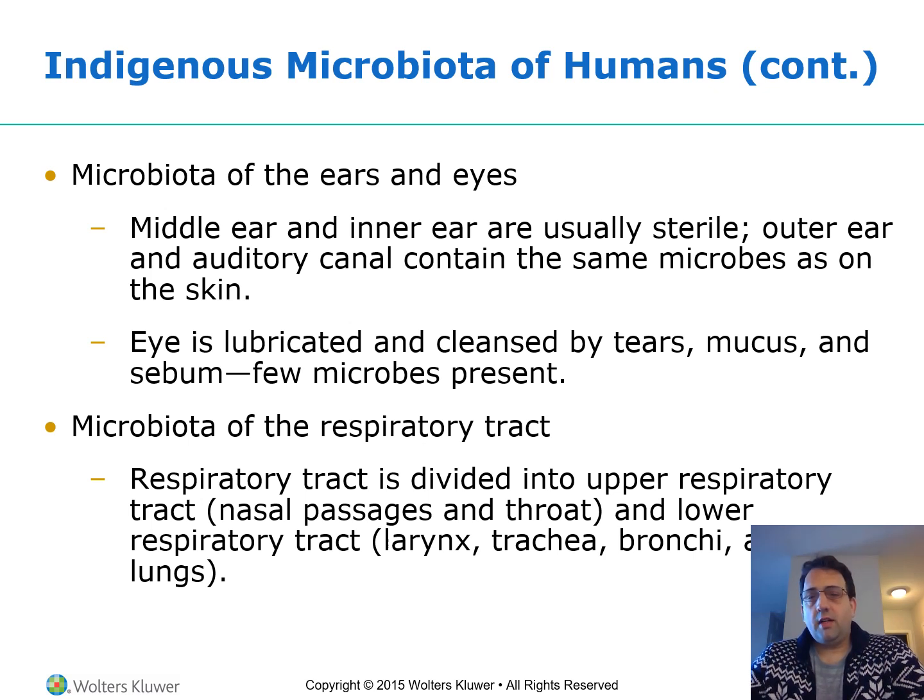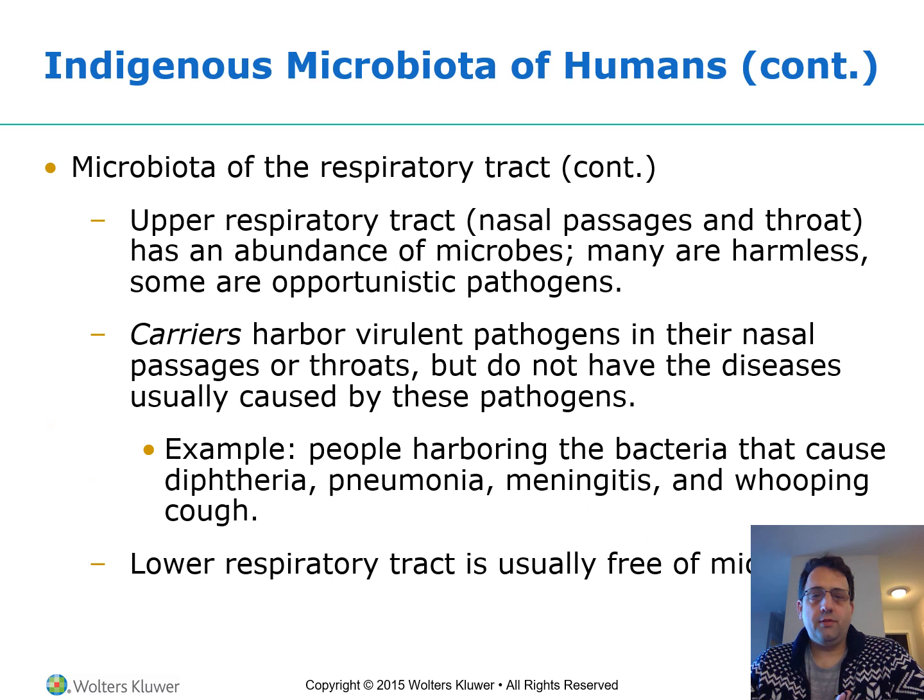The respiratory tract will have lots of different types of microbes, and they will vary from region to region. So the upper respiratory tract, which is basically your nose and your throat, and the lower respiratory tract, everything from the larynx on down, will have very, very different microbes. And the upper respiratory tract will have a much larger variety of them, and in most people will not do any harm.